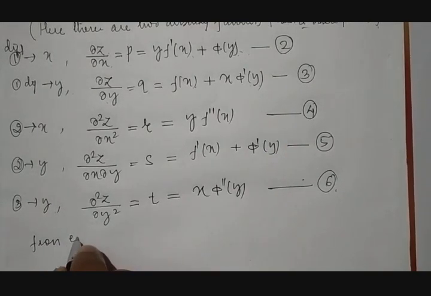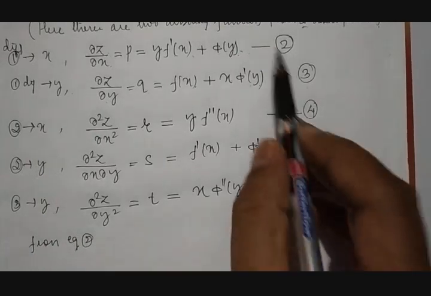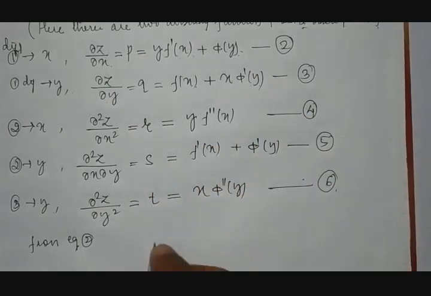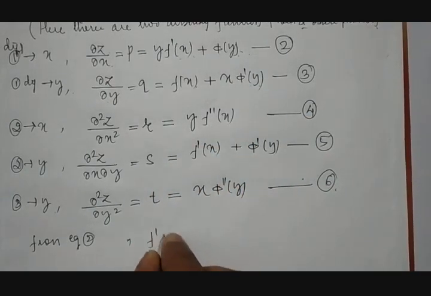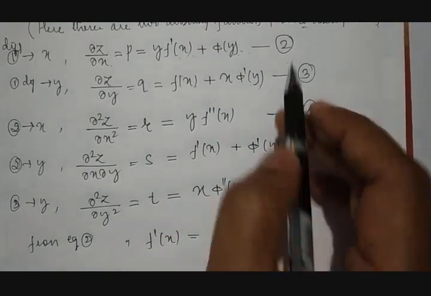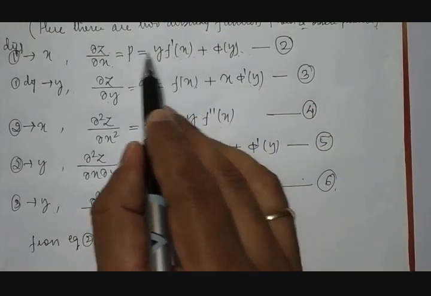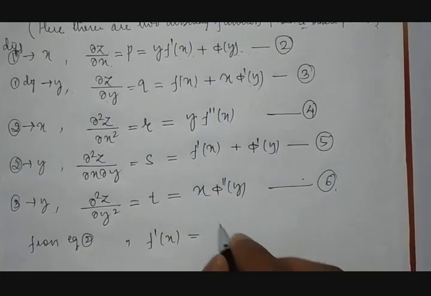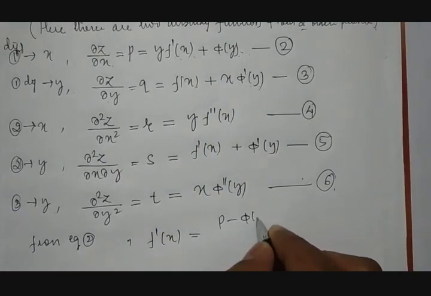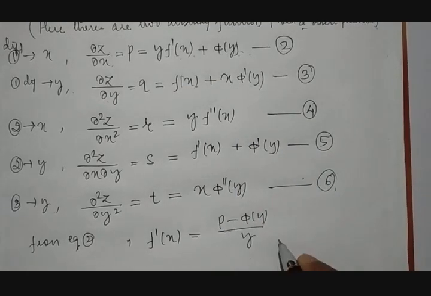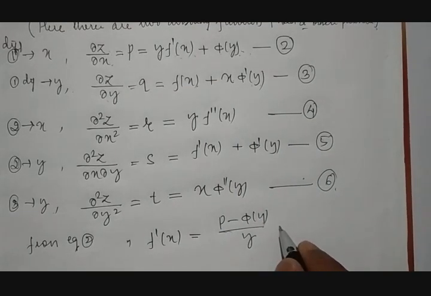Then if you see all these 5 results, we get something in our mind. From equation number 2 we'll try to get f dash of x equal to something. If you modify equation number 2, we will be getting y into f dash of x is equal to p minus pi of y. Then send this y to the other end, then it becomes divided by y. This is one result we got.